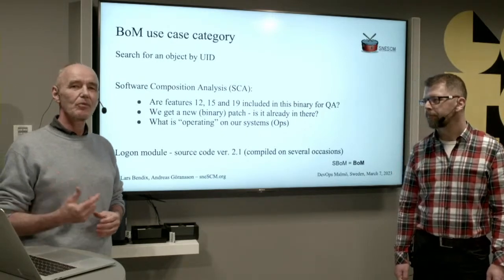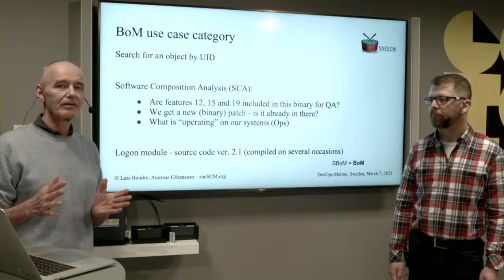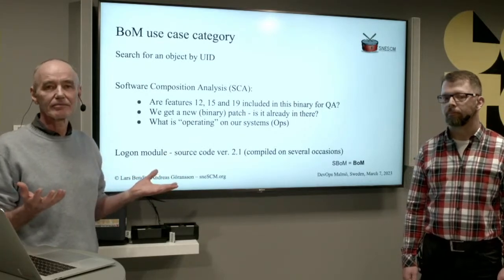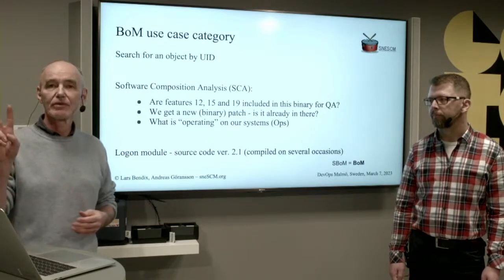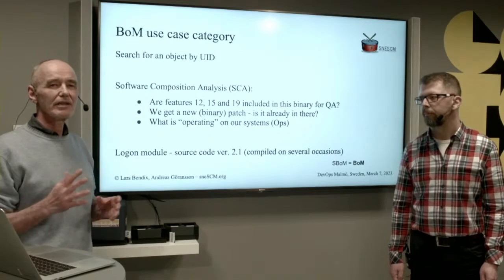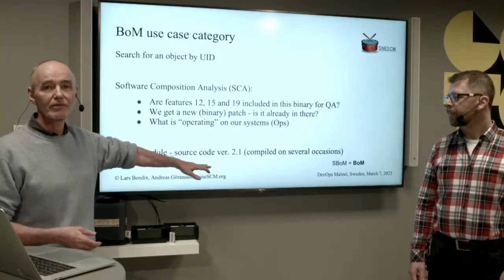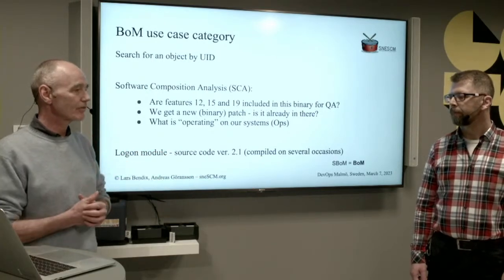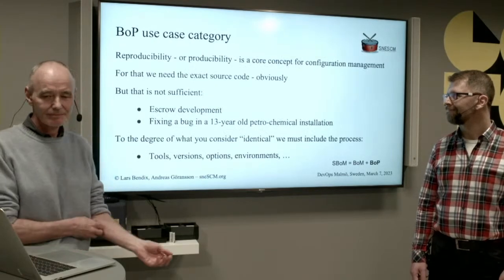So now we cannot just scan for a unique ID for the binary, because these 2 binaries are identical. They were compiled in the same way from the same source, but they have 2 different unique IDs. So now we need to have the possibility to scan also for a unique ID for the source code and have that connected to our software bill of material. So the plot thickens.